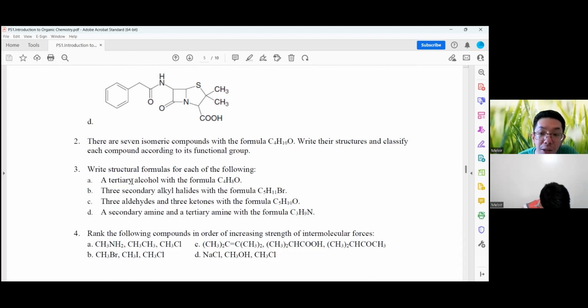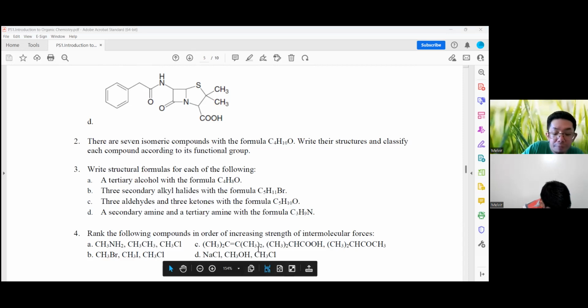So, ikaw ang mag-share para at least nasa sayo yung you can save the image later. Sige. I'll stop sharing na and then you answer 2 and 3. We're looking for 2 and 3 this time. Okay.